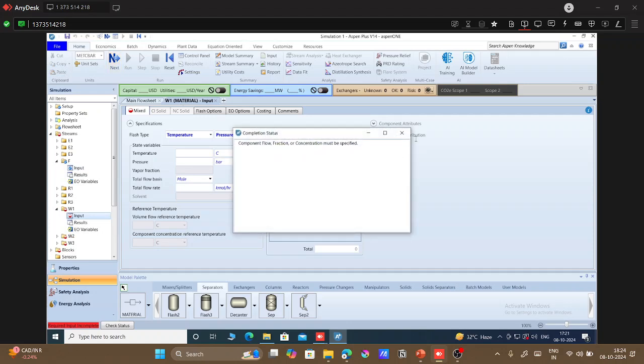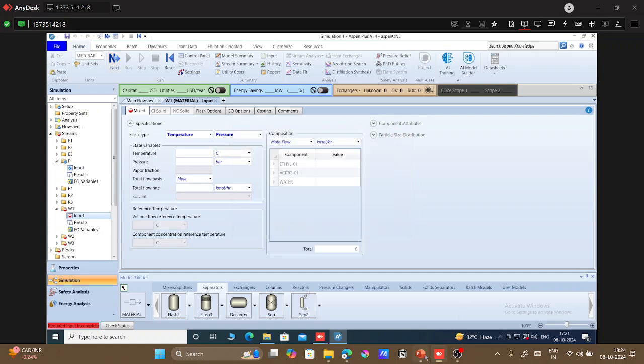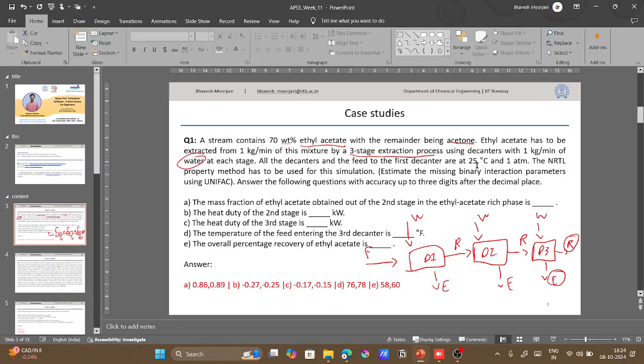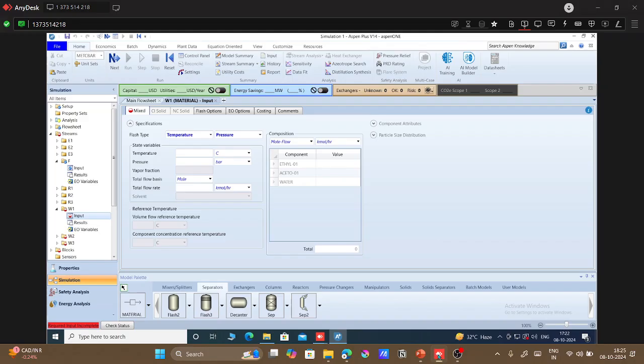Now we have to provide the details of water. So water is entering at each stage with a flow rate of 1 kg per minute of water. And again the feed conditions are same as 25 degrees centigrade and 1 atmosphere. So water will be 25 degrees centigrade, 1 atmosphere.